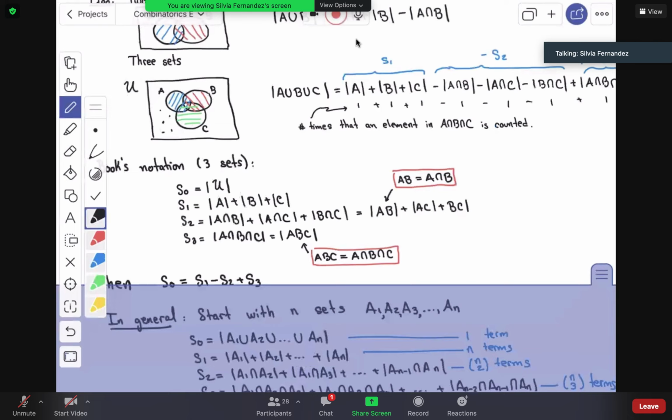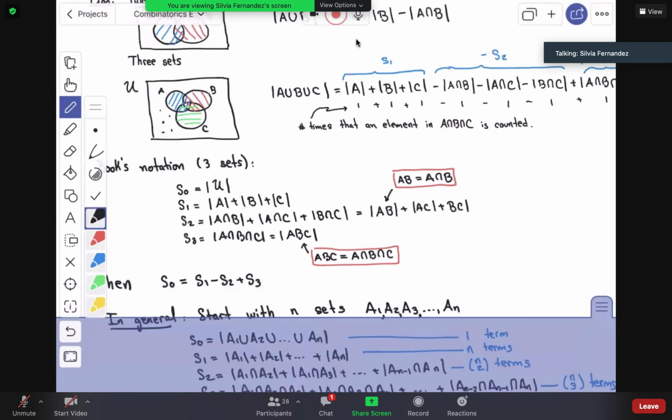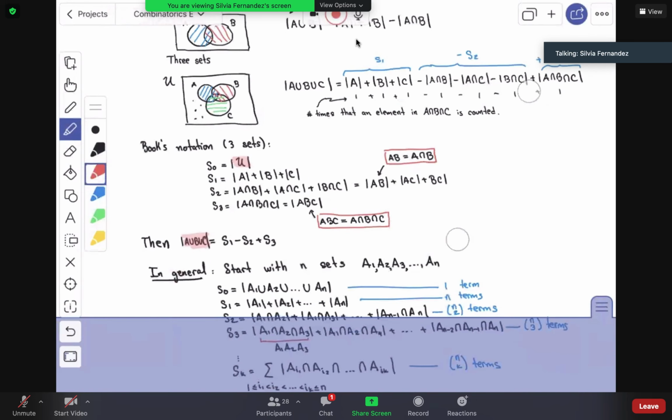Okay. And so really what I want to say here is that in this one, I'm actually going to write the union as A0. That is what I changed.